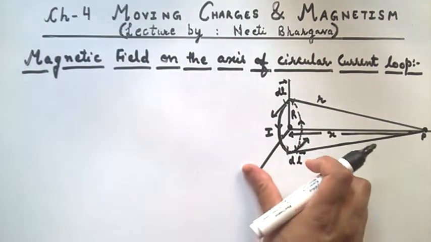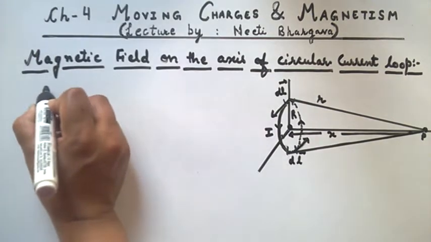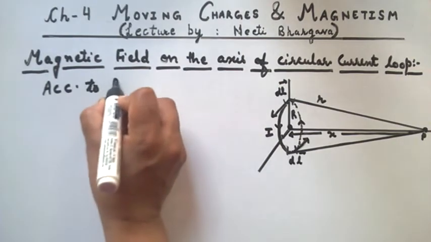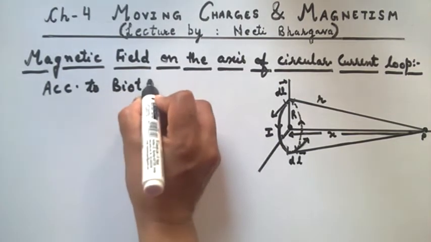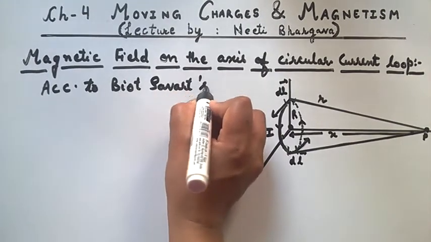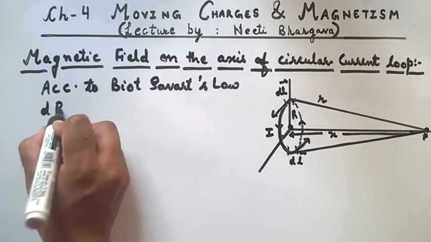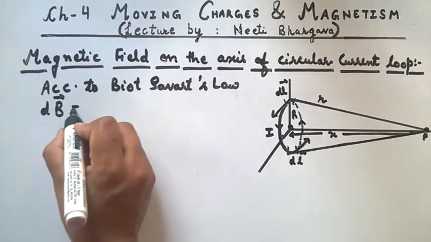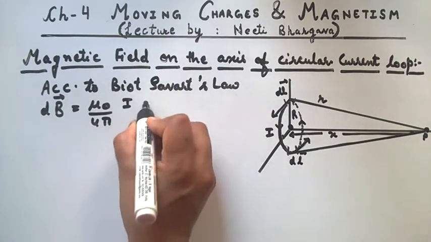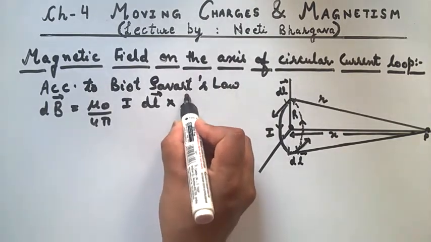As it is placed in vacuum, the value of magnetic field due to a small length element according to Biot-Savart law is dB in terms of vector, mu naught by 4 pi, I dl vector cross r cap.